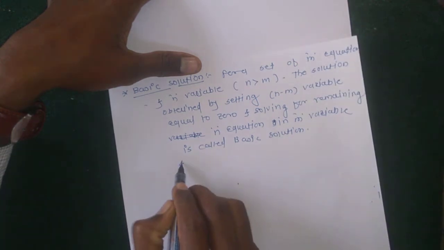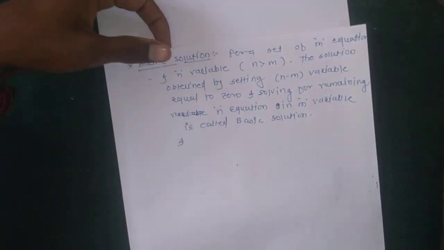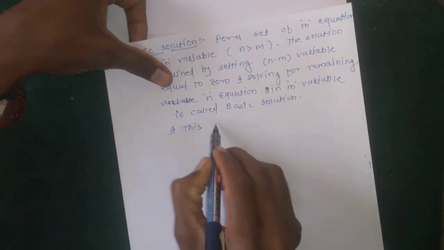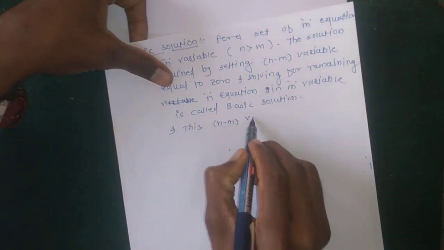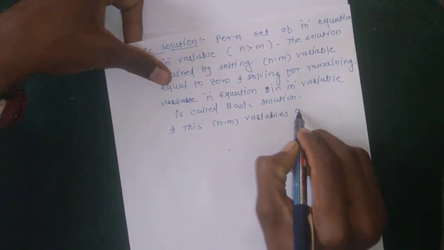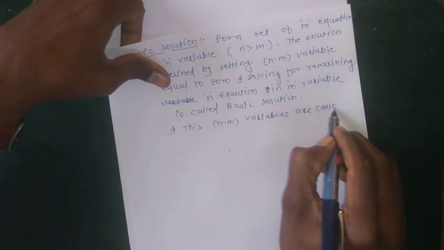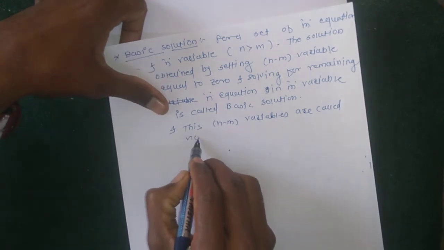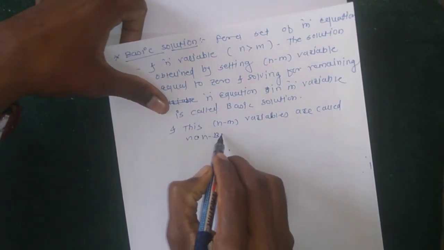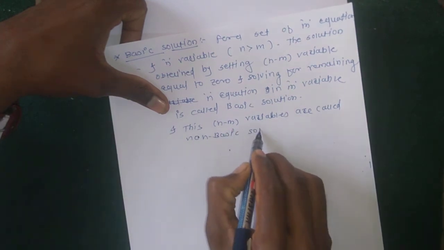Okay. And these n minus m variables are called non-basic variables.